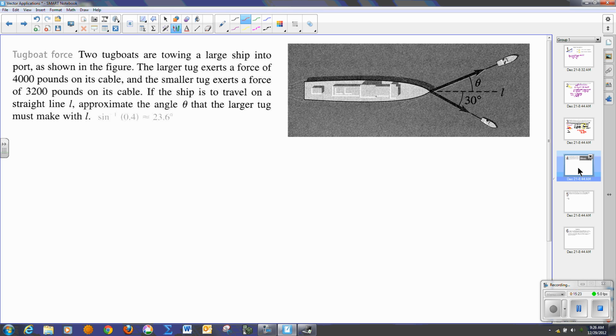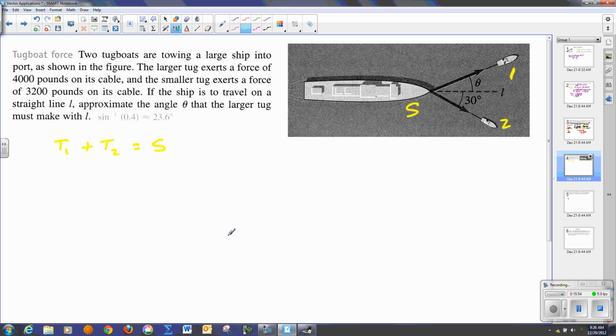The vectors are drawn here for us. So what we want is we want to basically take, we'll call this tug 1 and tug 2. All right, and we'll call this the ship. All right, so I'm going to have to take tug 1, add that to tug 2, and that equals the ship.